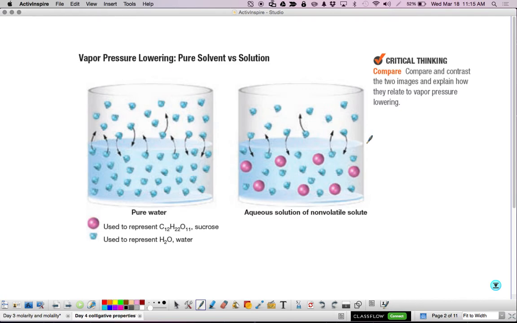And those sucrose molecules will also be interacting with the water. So those waters are going to have more interactions and less surface area in which to leave. So that to me should say that the vapor pressure, the number of gas molecules above the surface of the liquid, should decrease.